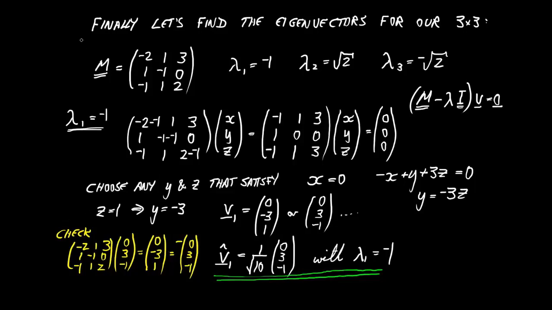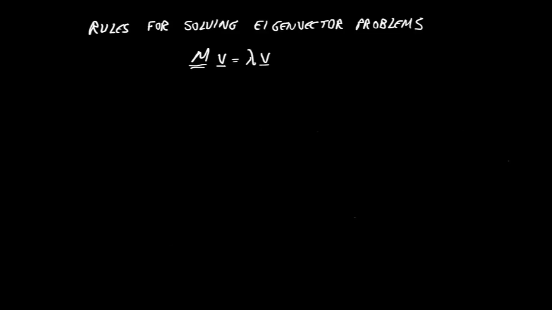Now we can continue to find the other eigenvectors, but first let's take a pause and review the steps involved. So we're looking at rules for solving eigenvector problems. An eigenvector problem is where we have a square matrix M, and we say that M multiplied by some special eigenvector gives us back that eigenvector times just a value, the eigenvalue.